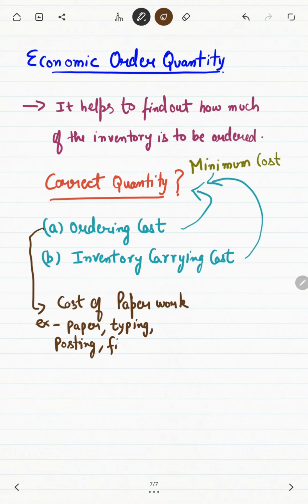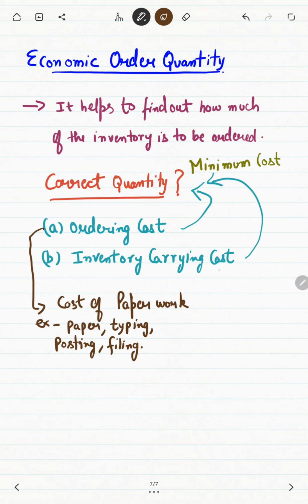So these all come under the category of ordering cost. It also includes the cost of the salaries of staff involved in this work. So the cost incidental to placing an order like follow-up, receiving, inspection, the ordering cost is more or less fixed.